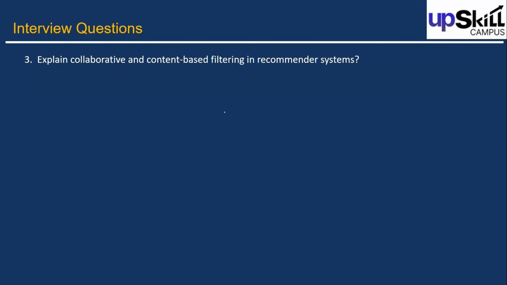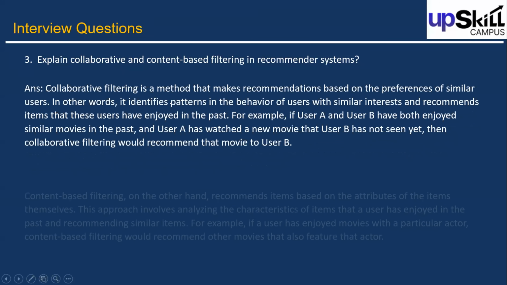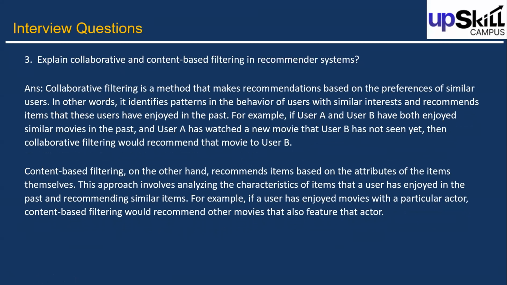Okay, so the second part is right. The first part is half right, I can say. In collaborative filtering, as he said, it is a method which takes preferences of many similar users and gives a recommendation. For example, Devendra and I bought many similar products.